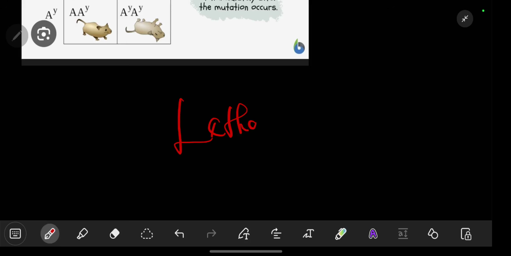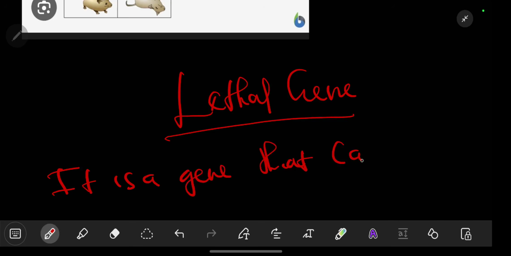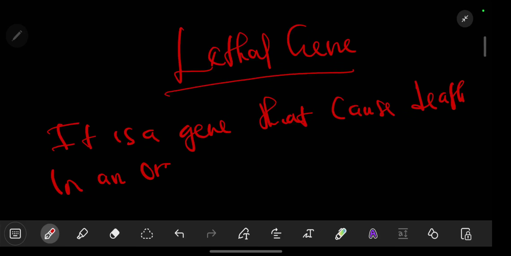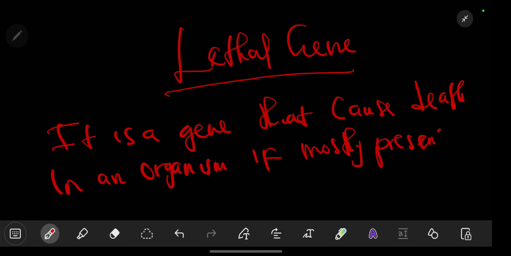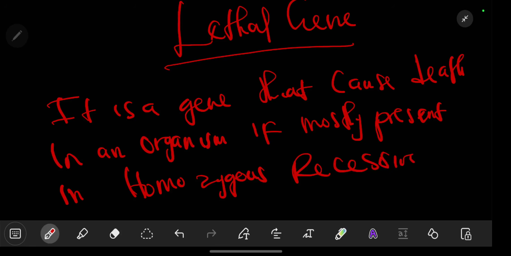When we are looking at a lethal gene, it is a gene that causes death in an organism, if mostly present in homozygous recessive state.